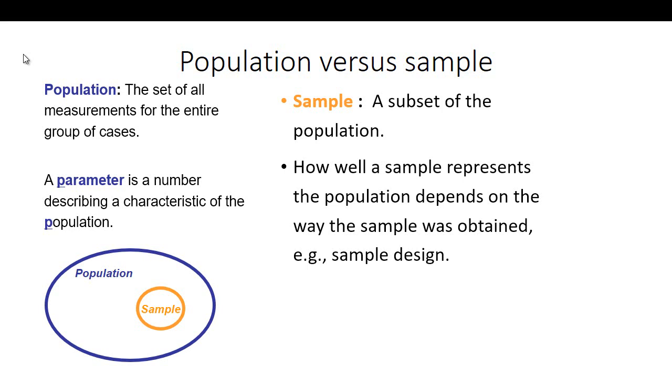The set of responses for all the voters would be the population, and the proportion or the percentage of all the voters who favor President Trump in the 2020 election would be called a parameter, because that proportion is based on the entire population.